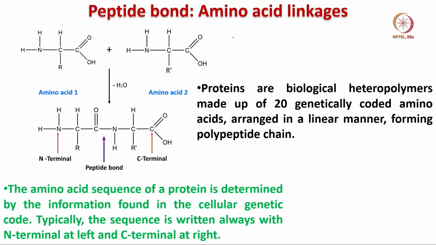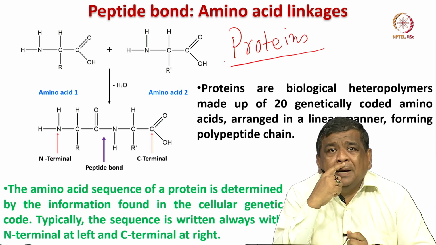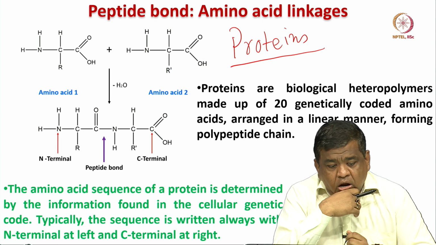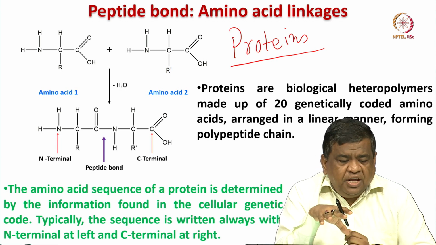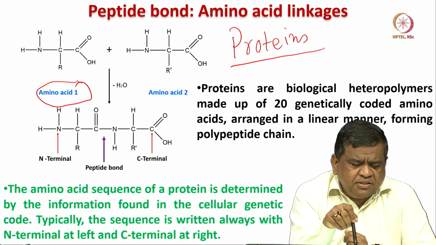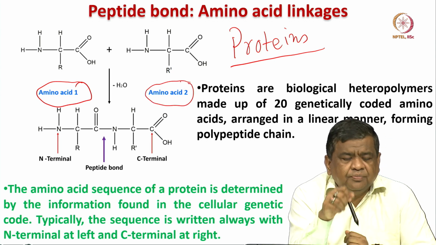proteins. So, proteins are essentially available in abundance in the human body. From the very basic chemistry, you have two types of amino acids, amino acid 1 and amino acid 2.